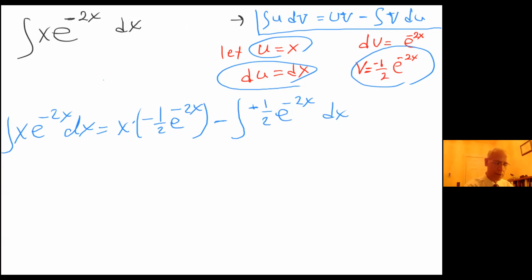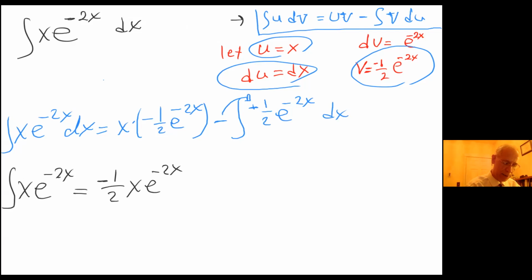Okay, now I can simplify this one baby step. So this equals, let me write that, integral of x e to the minus 2x now equal -1/2 x e to the minus 2x plus integral of, well, negative times negative is positive, so plus 1/2 integral of e to the minus 2x dx. And so integral of this, I already know.